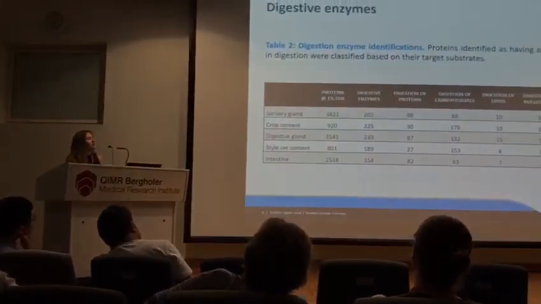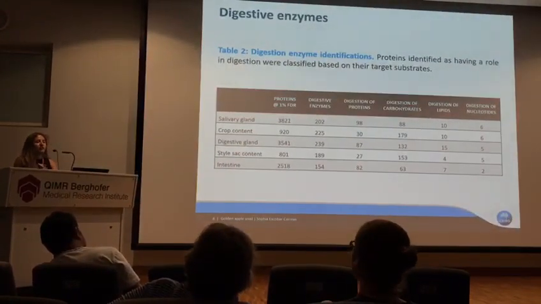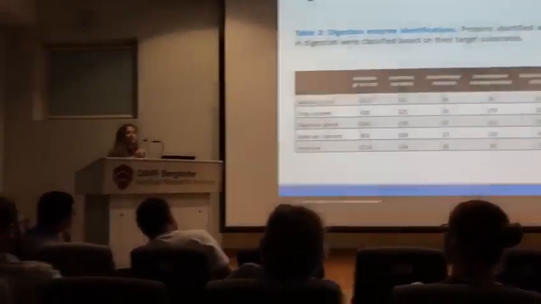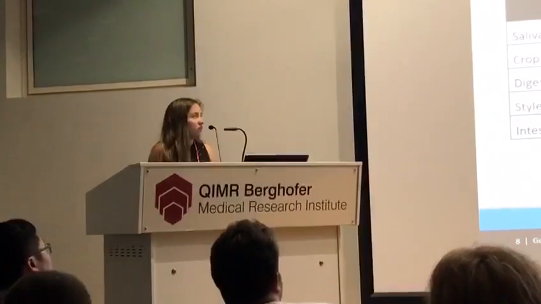The next thing we did was find all the proteins that have a digestive function, that participate in digestion, and we classified them according to the target substrates. We realized that there are a lot more IDs participating in the digestion of carbohydrates than in protein digestion.